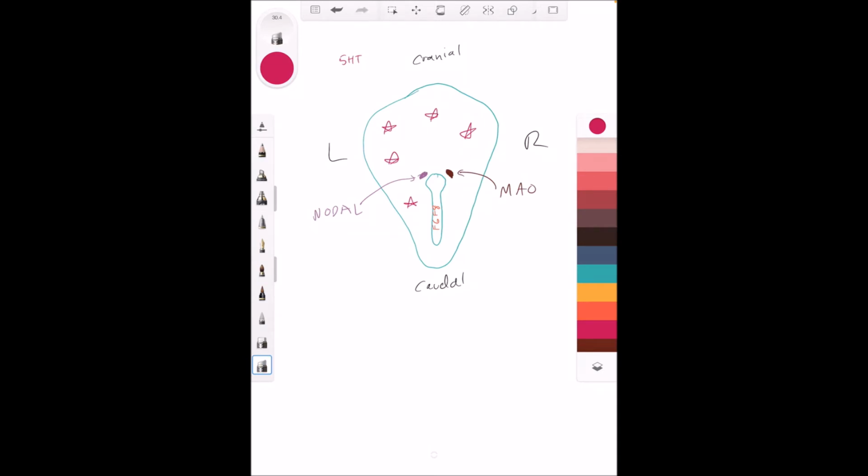Because of that current created by the cilia, we ended up with monoamine oxidase accumulating on the right side and nodal accumulating on the left. The monoamine oxidase on the right side degraded all of the serotonin on the right, leaving serotonin only on the left side. So now we have serotonin on the left side. What's that going to do?